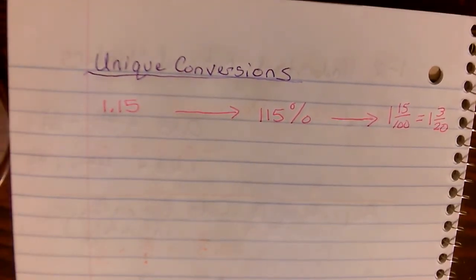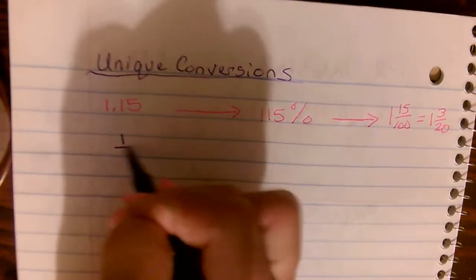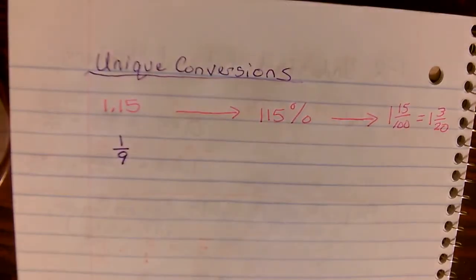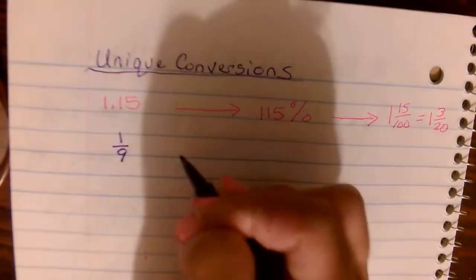The next one we're going to look at, let's go a different conversion. Let's start with a fraction of 1 over 9. Based on the notes you just had a few moments ago, you may be able to figure out how to write this.